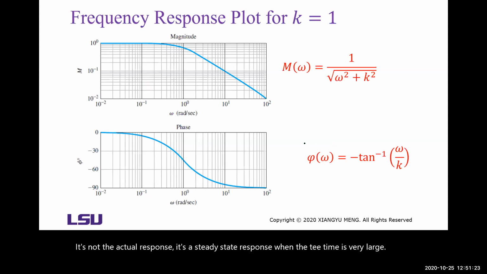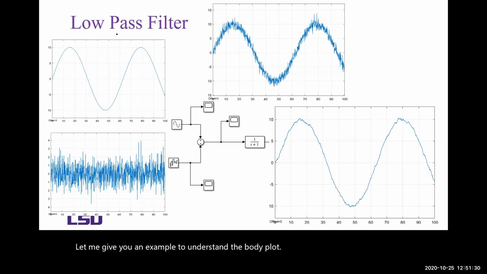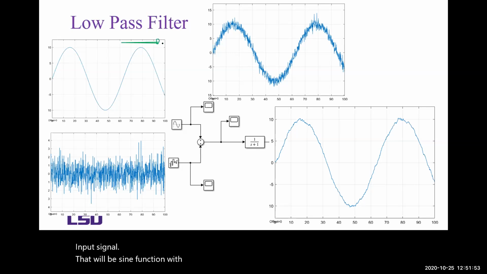Now let me give you an example to understand the Bode plot. That will be the low pass filter. You may learn it in the signal processing class. Let's assume we have an input signal that is a sine function with frequency 0.1.